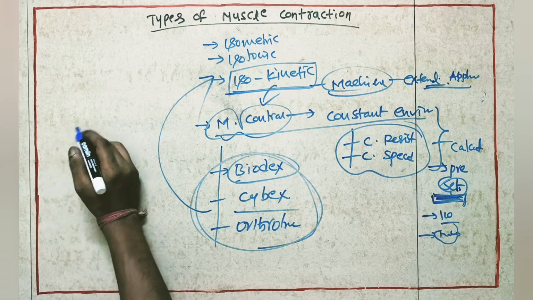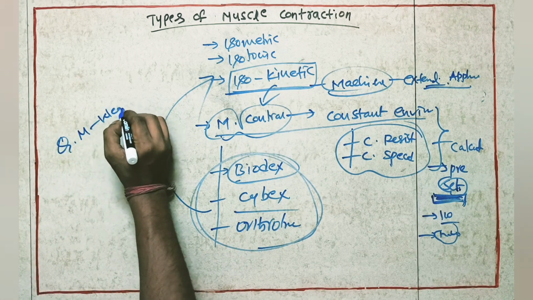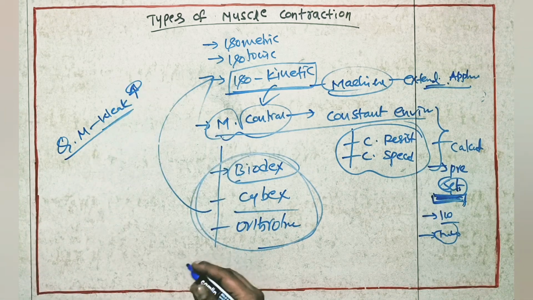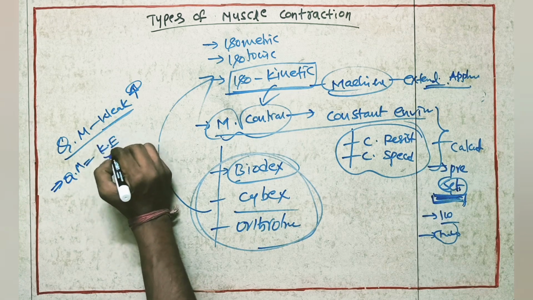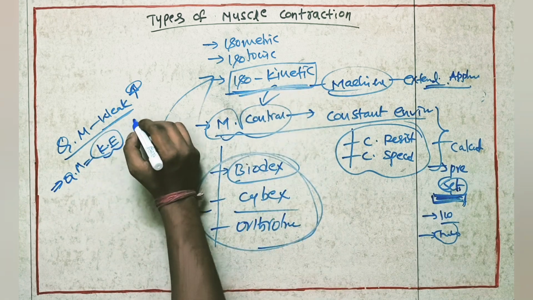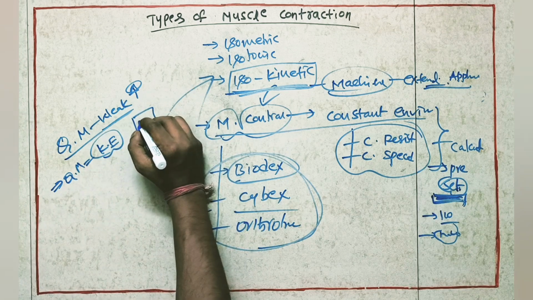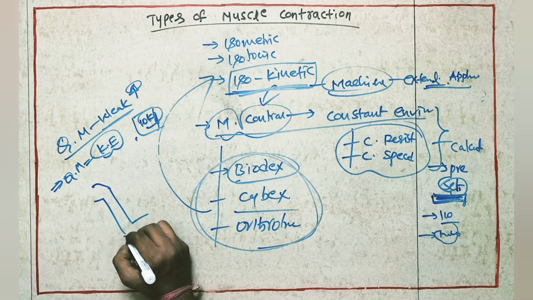Here simply to say that, suppose if our quadriceps muscle is weak, to increase the ROM of the quadriceps, what is quadriceps muscle action? Knee extension. So in this isokinetic, they will use one machine. In that machine, they will set some resistance like a weight cuff, some 10 kg resistance. So the patient's knee joint will be like this.